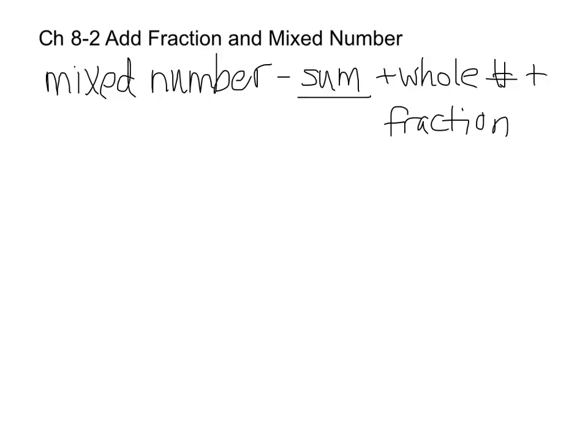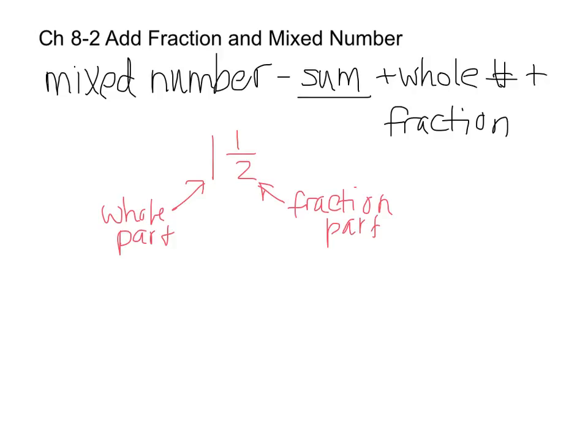So in our example, we have here 1 and 1/2. So the 1 equals the whole part, and the half equals the fraction part, right? So adding here is the same thing.